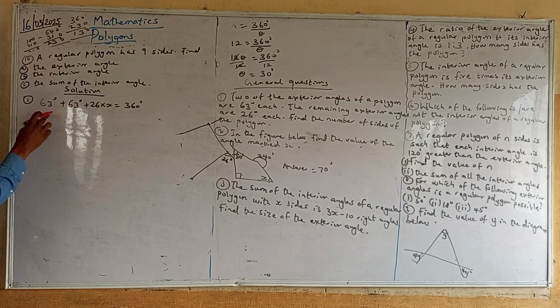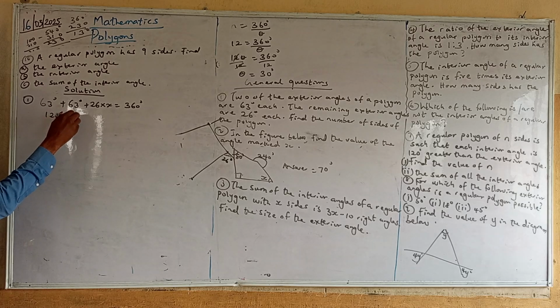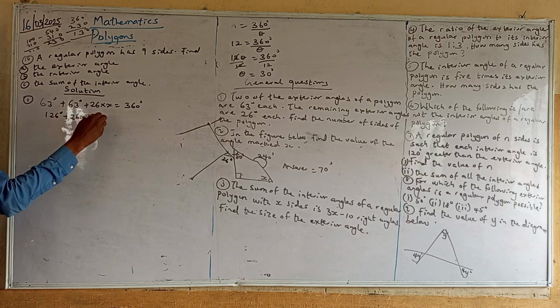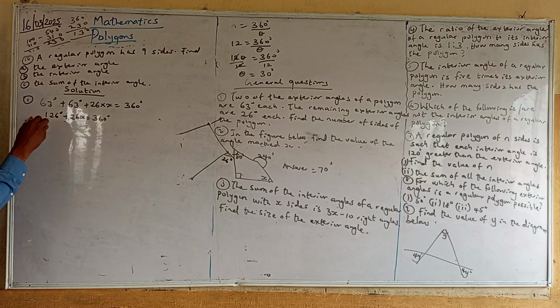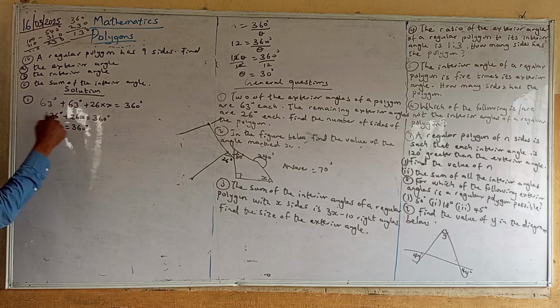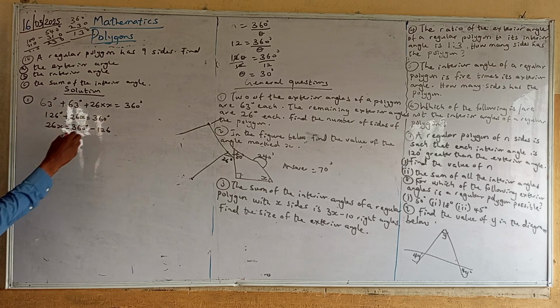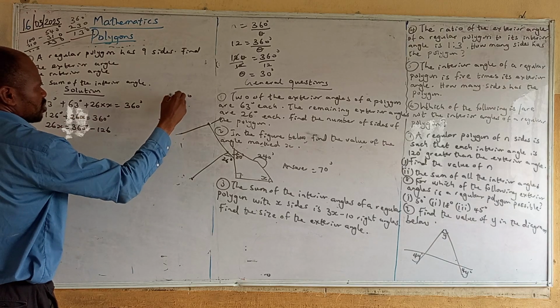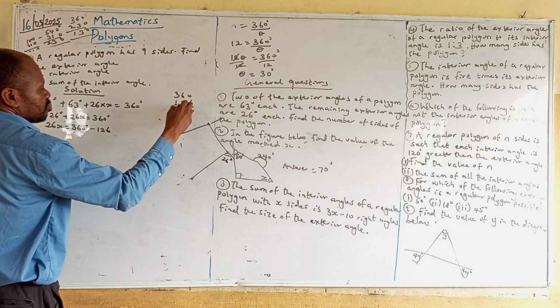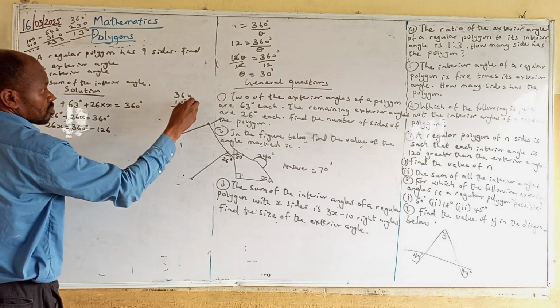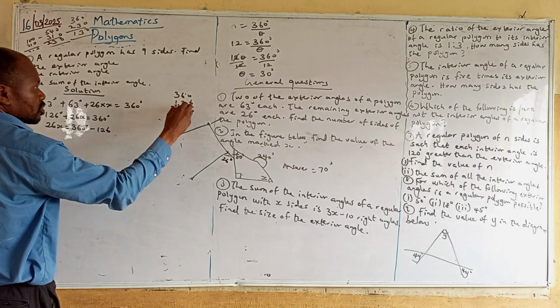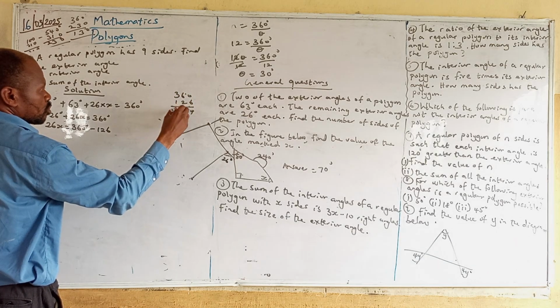So this one will give me 126 degrees plus 26S equals 360 degrees. So 26S will now be 360 degrees minus 126. So 360 minus 126, that's 234.